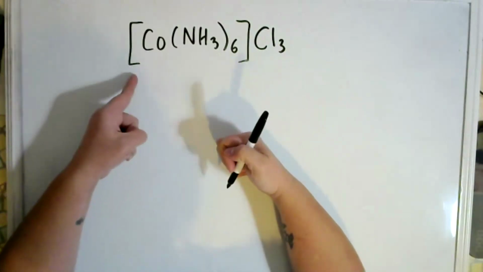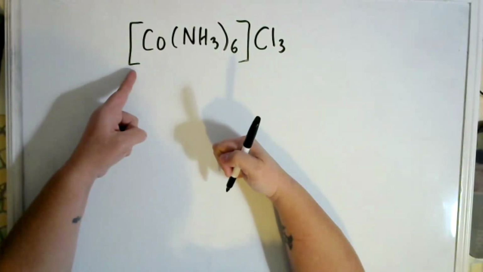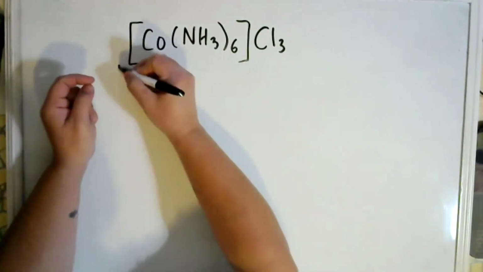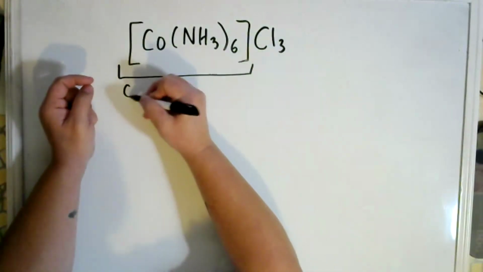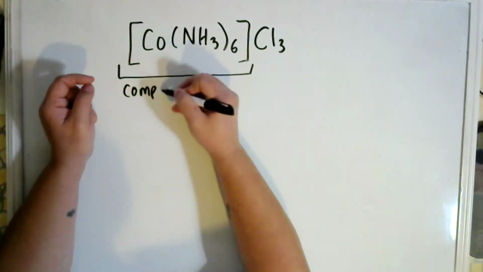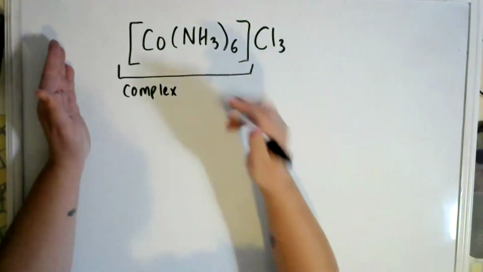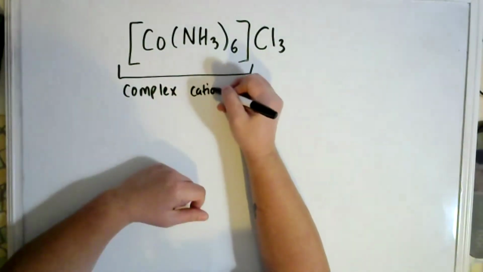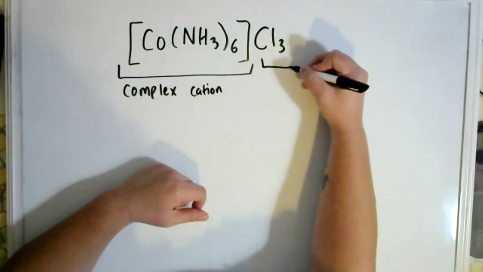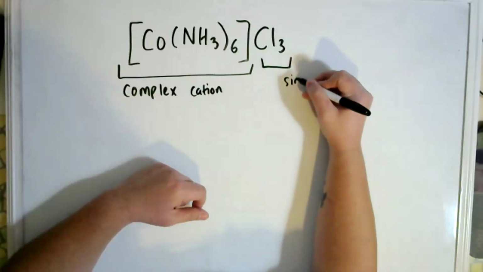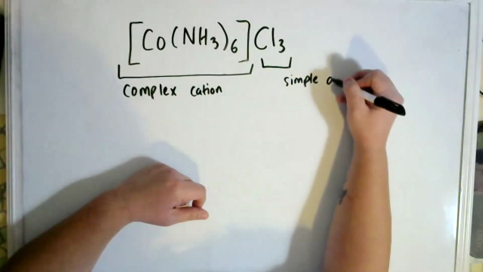If the first thing in your coordination compound is a bracket, that means that your complex ion is going to be a cation, because positive charges always come first when we're listing out formulas. And that means that what follows is going to be a simple anion in this case.